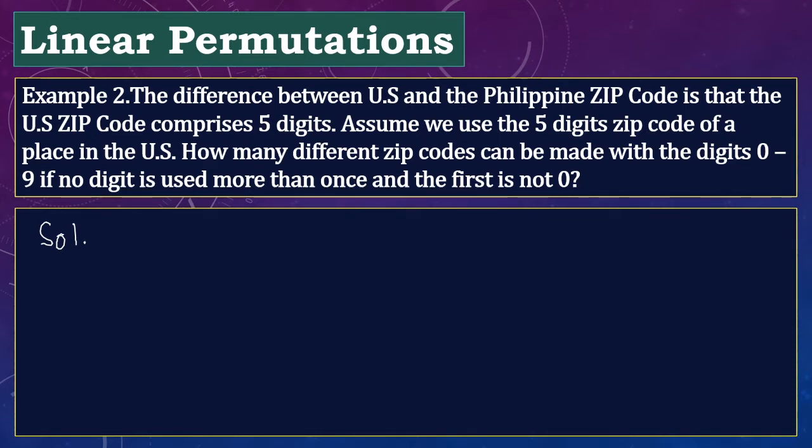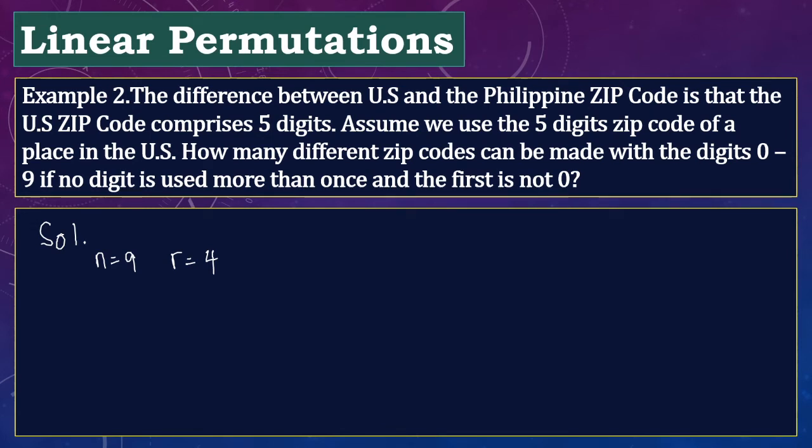Okay, so first, yung ating n dito is 9. And yung ating r dito is 4. Bakit 4? Okay, mamaya, tingnan ninyo ha. Yung r natin ay 4. Okay, bakit? Because yung ating pinakaunang digit dito ay from 1 to 9 only. So we have 9 numbers na pagpipilian lamang.